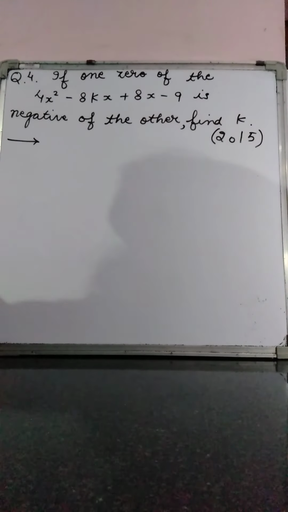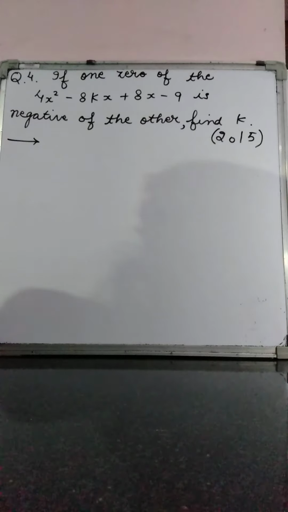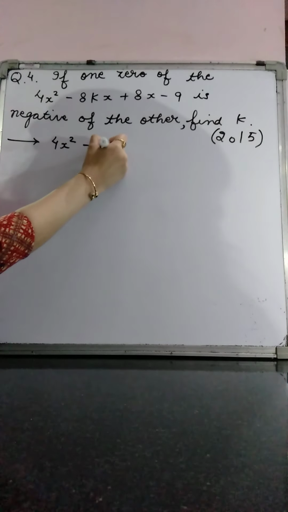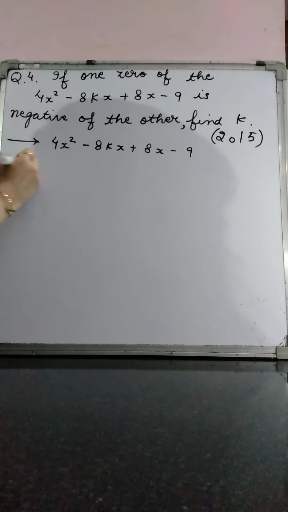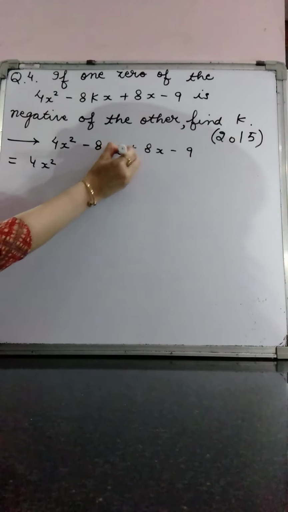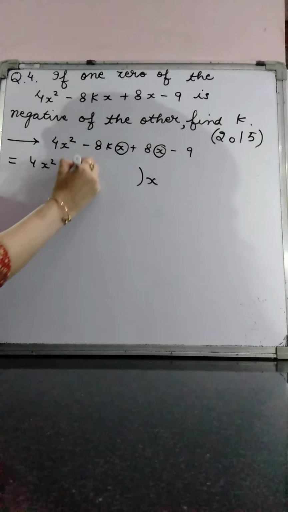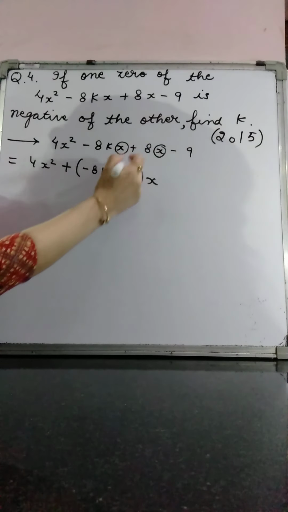Now the fourth question is: if one zero of this polynomial is the negative of the other, find the value of k. First of all, write the polynomial. Take x common from them. It will be minus 8k plus 8.